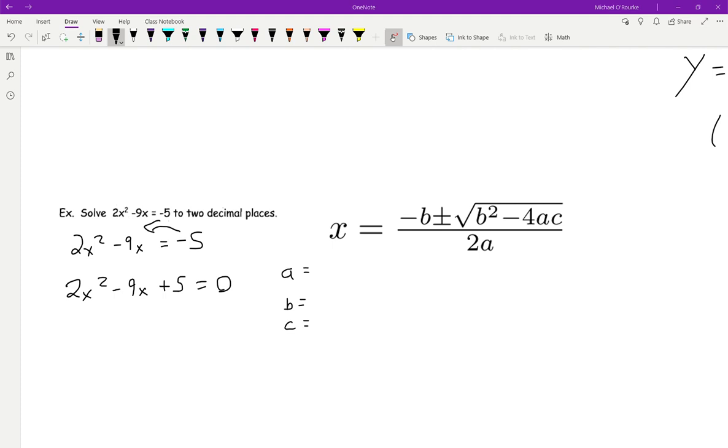Not 2x. Remember, it's ax squared plus bx plus c. No. A is just 2, right? We're just taking the number that's out front here.